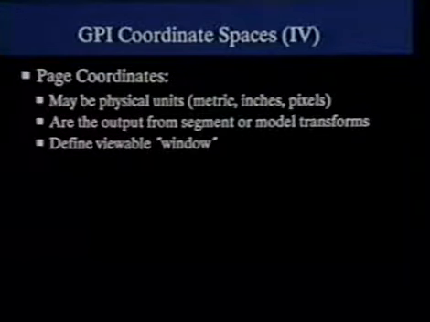The page coordinates are output from the segment plus the model transforms, and one can define a viewable window on the page which clips things. By the use of various transformations, you could make the entire car with its associated tires appear on screen, as we do in the video here, or you might otherwise want it to appear as a full-size engineering drawing.